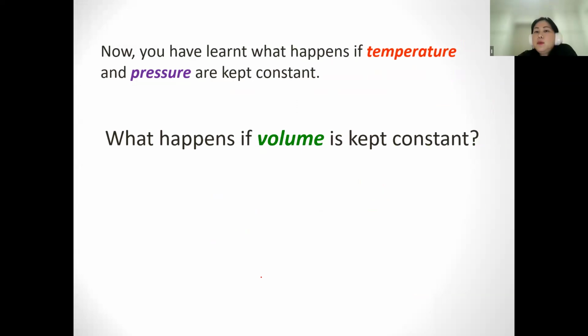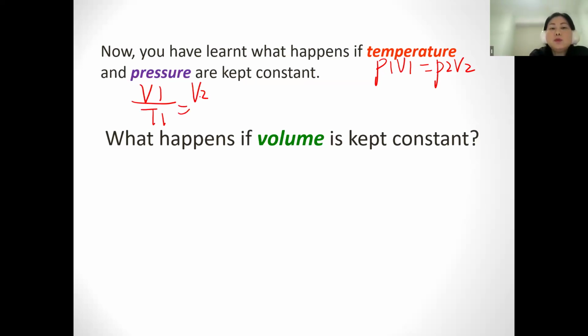So you have learned what happens if temperature and pressure are constant. If temperature is constant, then we have the equation P1 V1 equals P2 V2. If pressure is constant, then we have V1 over T1 equals V2 over T2. Now, what happens if volume is constant?